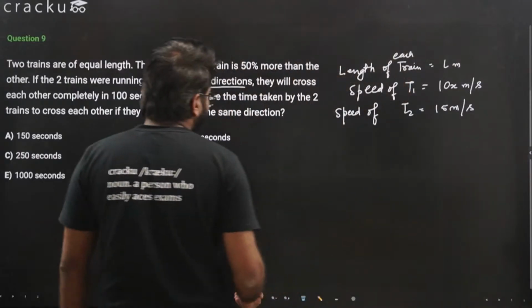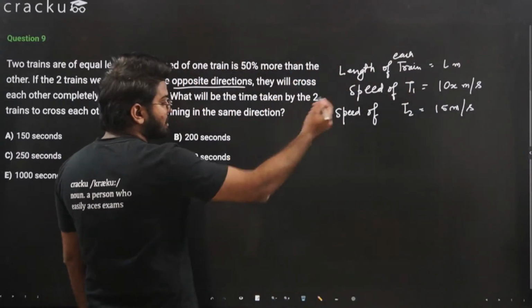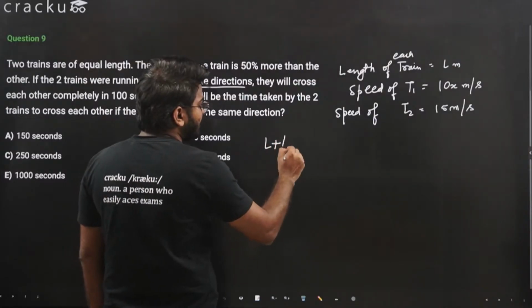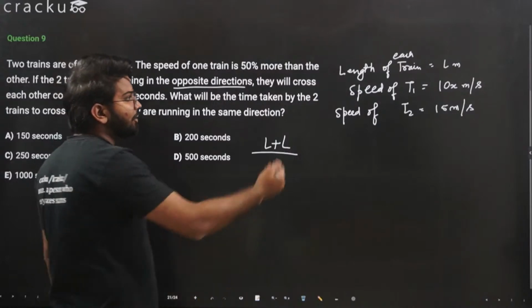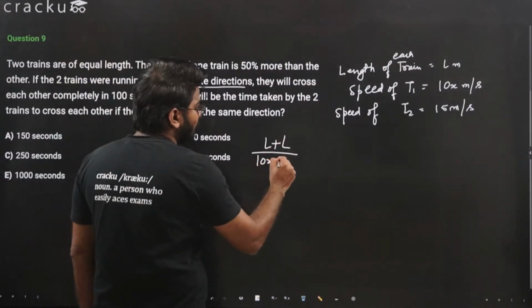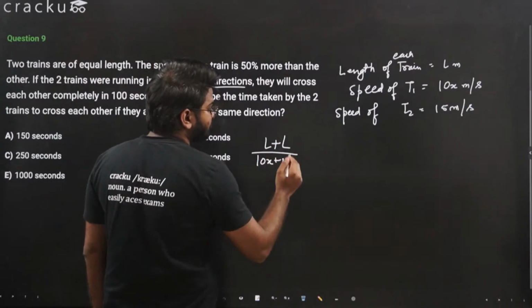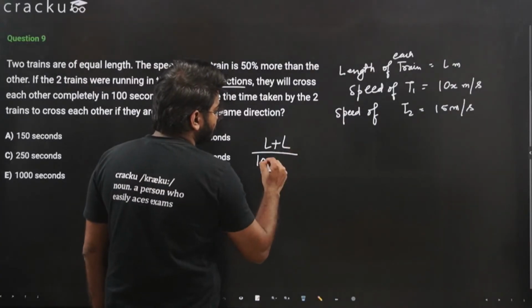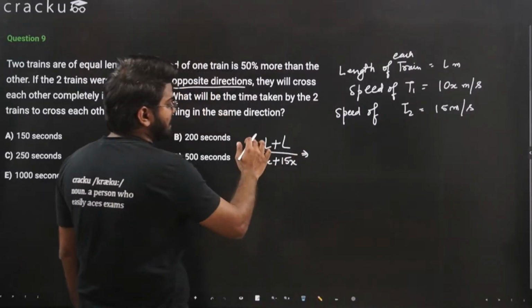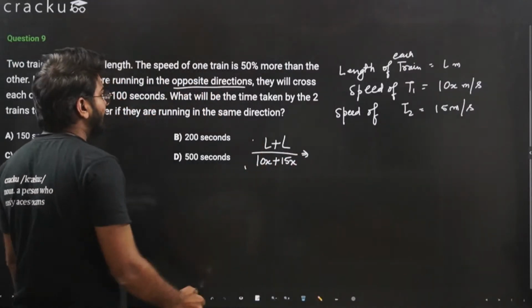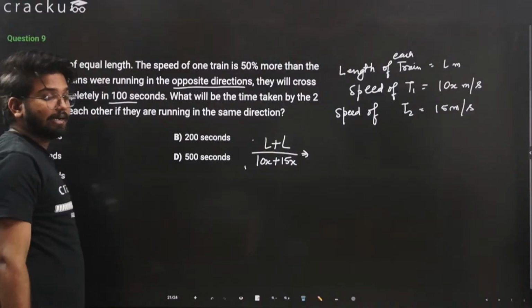So distance is the sum of their lengths, that is L plus L, and speed will be the relative speed, which is 10x plus 15x. Distance divided by speed is equal to time, and we know that it is taking 100 seconds.